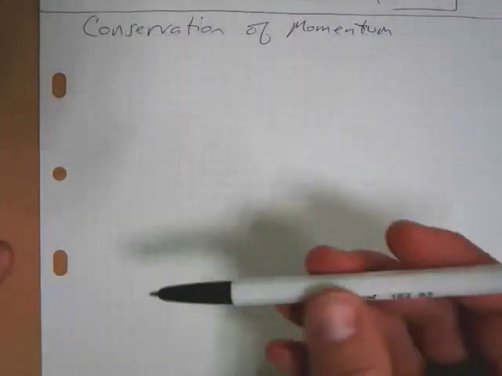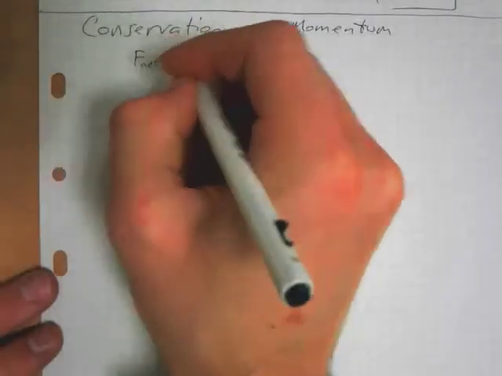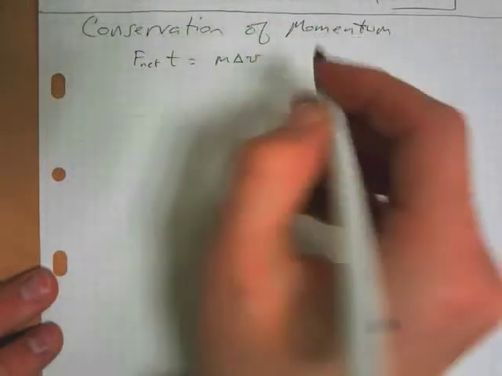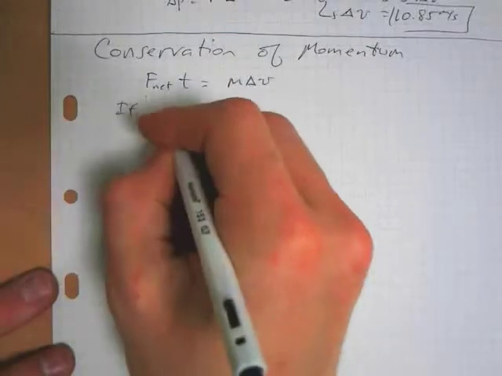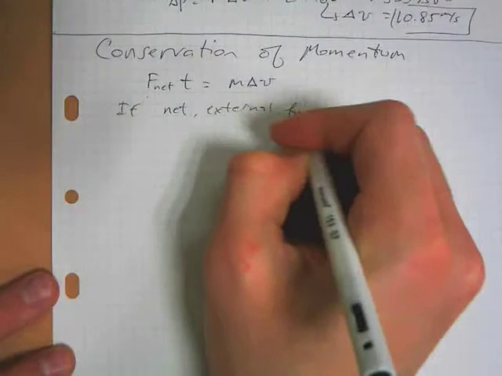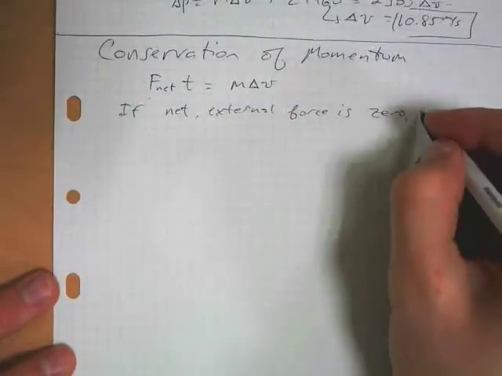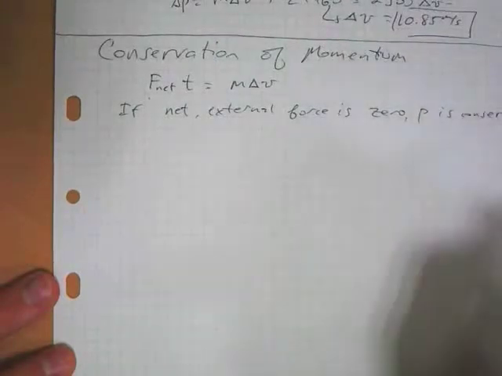So we know our impulse momentum theorem says this, that F net times time equals m delta v. So if the net external force is 0, then momentum is conserved.